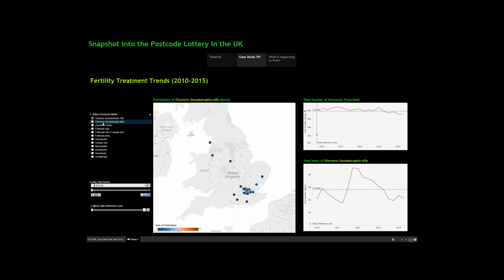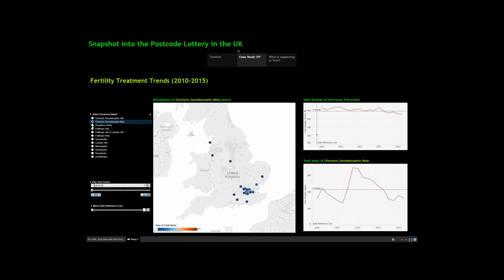So, for example, chorionic gonadotropin alpha is highly concentrated in London, and you can see on the right-hand side chart that it has had quite a few decreases over time, but also a peak in 2012, which corresponds to the time where they said it should be available to all.